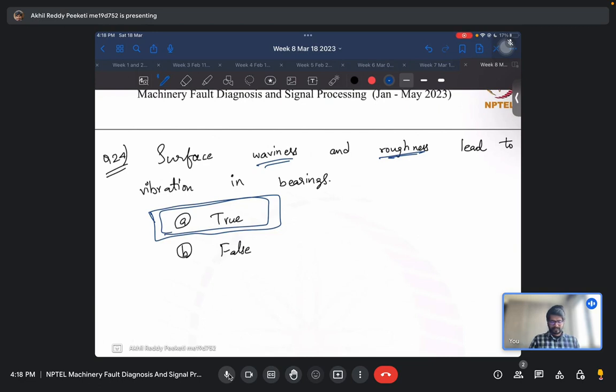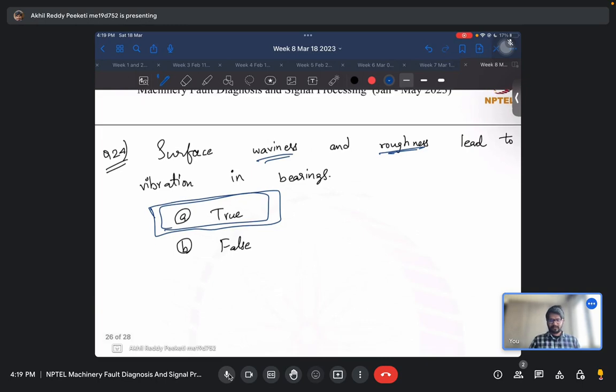As I said, this surface waviness and roughness leads to vibrations in the bearings.